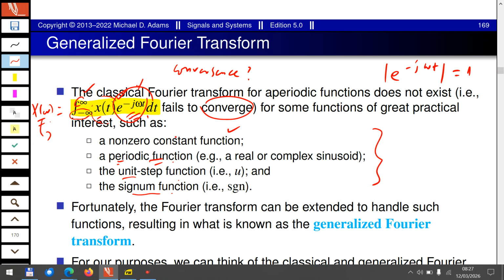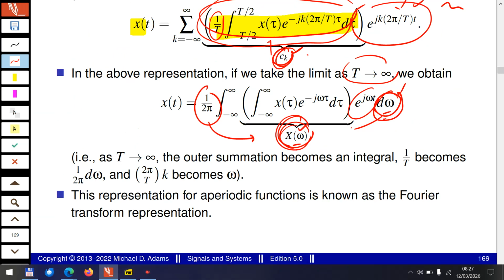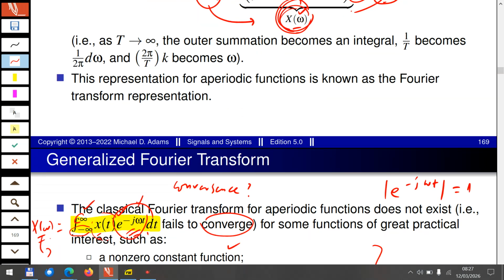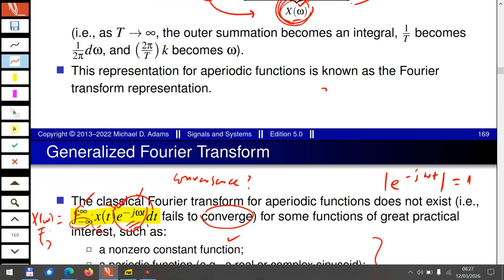So it means that this formulation, whenever you write this integration of something, is typically viewed as a Riemann integral, right?